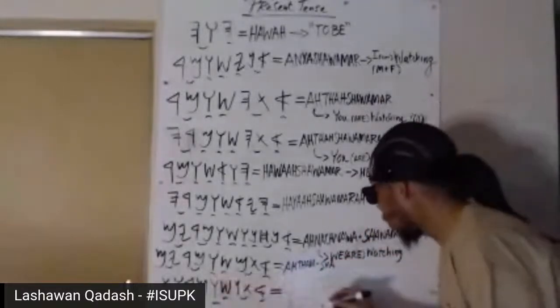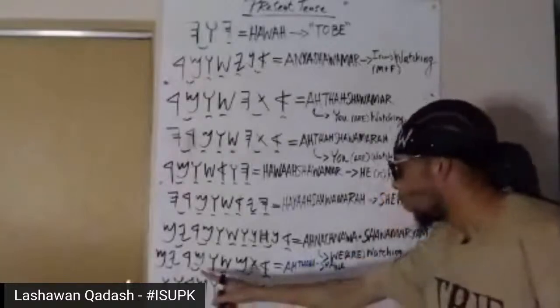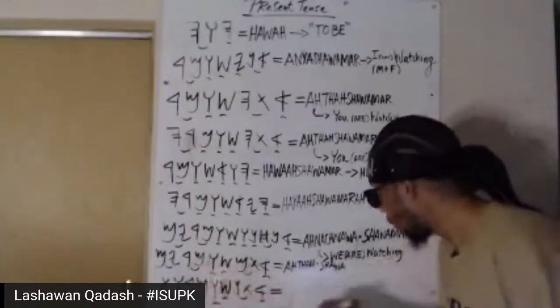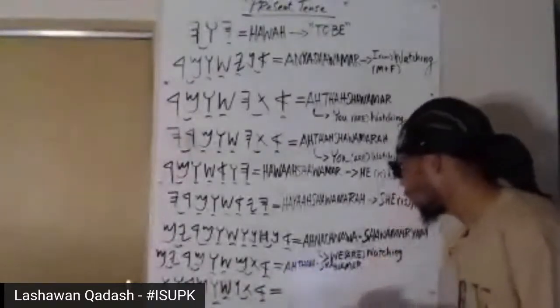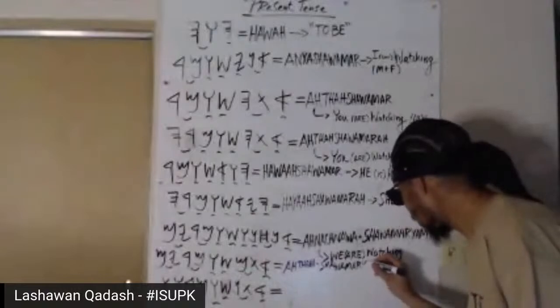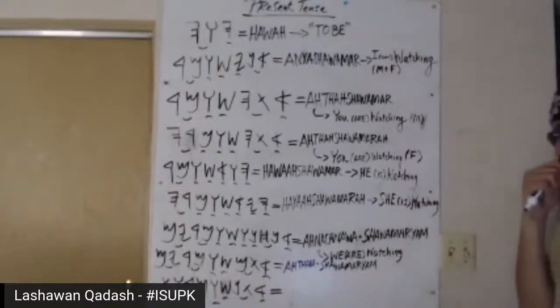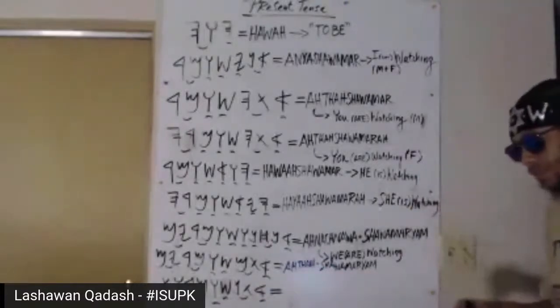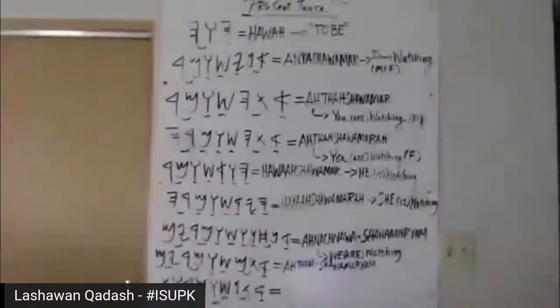We have the wa, WA. Then we have the ma and the ra, which is the mar, and the yum at the end. Athamshawamari. What does that mean? It's going to mean you are watching.